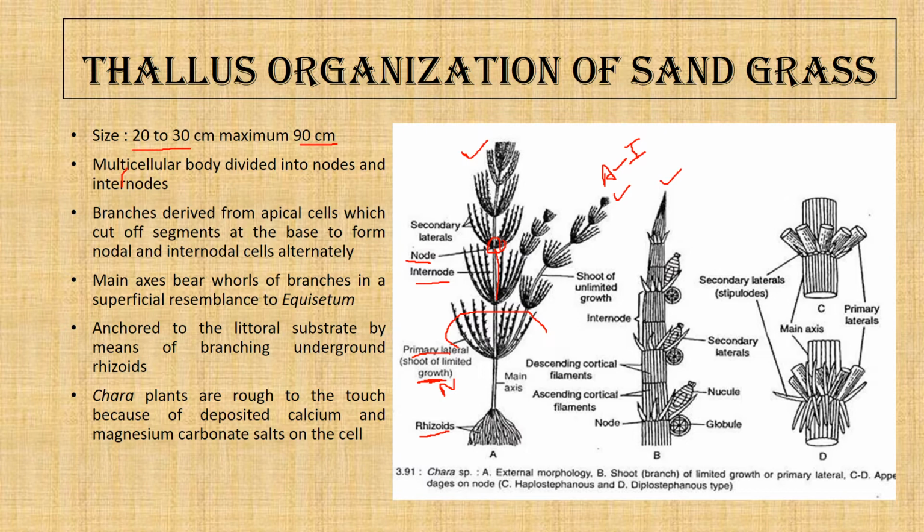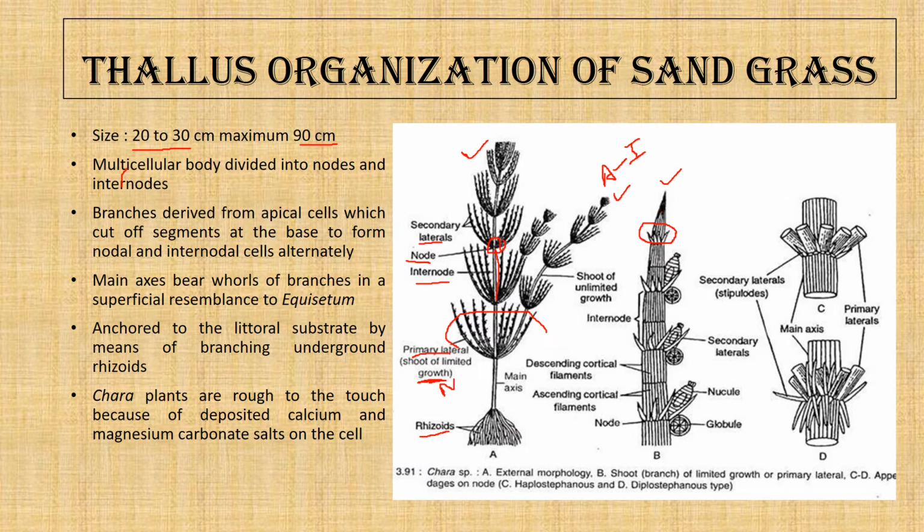Then as we zoom in on the primary lateral, the leaf or branchlet, we see that it is divided into nodes and internodes. We know that 5 to 15 nodes or internodes will be present. At the nodal region, we have stipulodes.